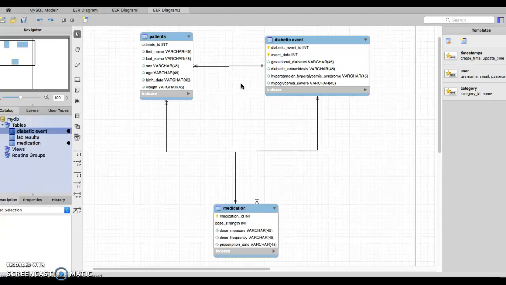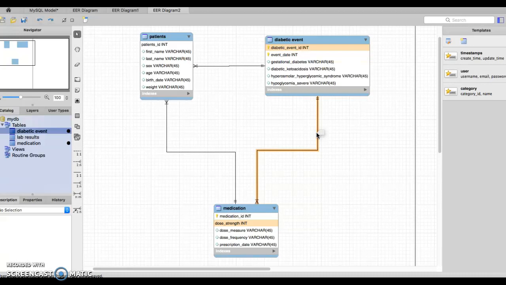This table is connected to the patient table by the patient ID, as you can see here. This is because the patient ID is associated, like I said, to a specific patient, and then this way the medical professionals will know what event they were actually experiencing, which will then help to determine the medication that they are going to need.